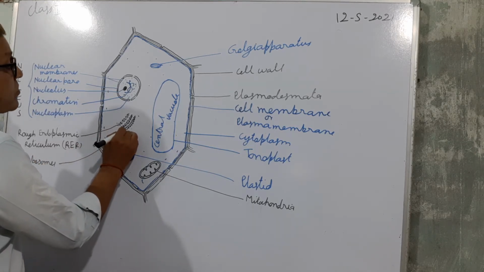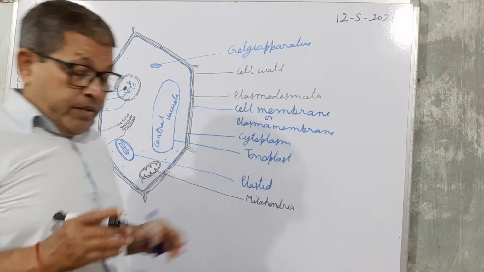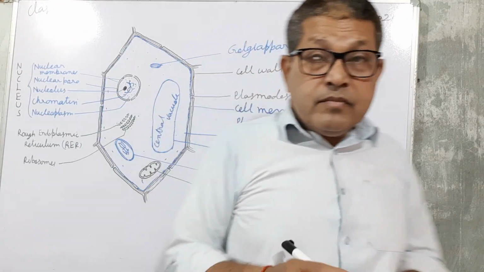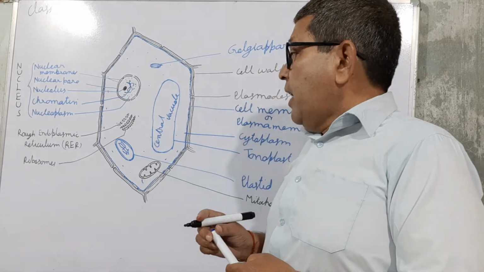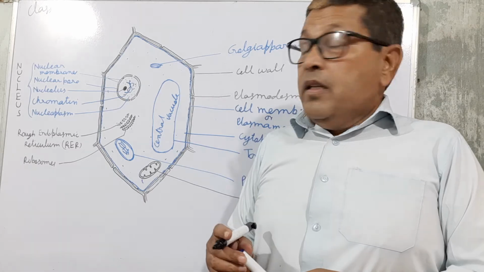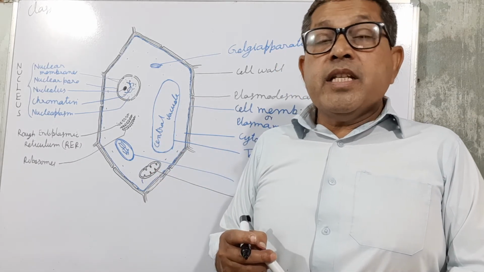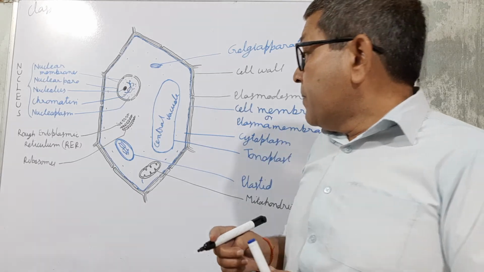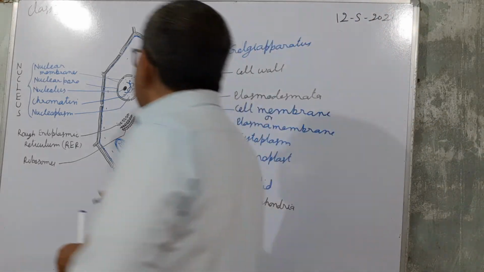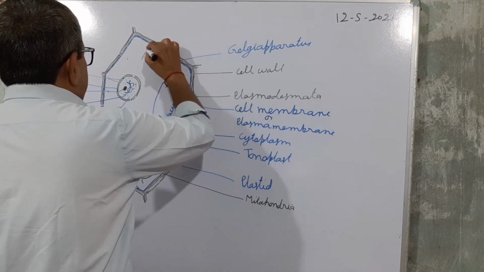So endoplasmic reticulum containing the ribosomes is called the rough endoplasmic reticulum, and ribosomes are involved in the synthesis of protein. And the other type of endoplasmic reticulum is the smooth endoplasmic reticulum.